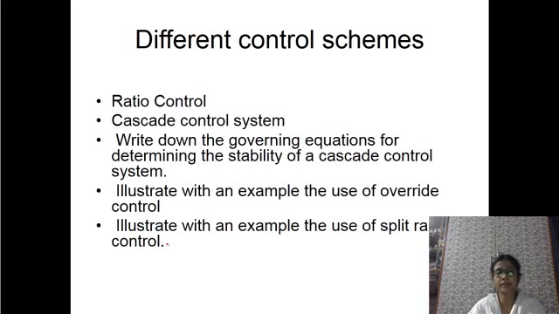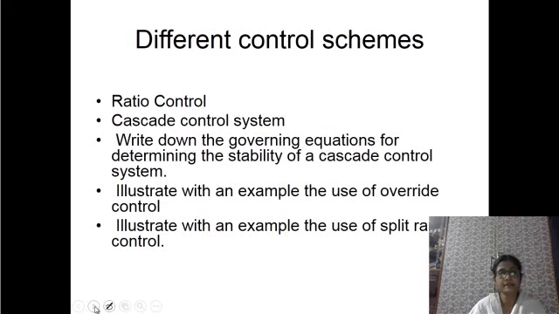Since we have another paper on process control, that is advanced process control, in the next semester, the adaptive control system will be covered under that syllabus. So presently we will discuss ratio control, cascade control, override control, and split range control.